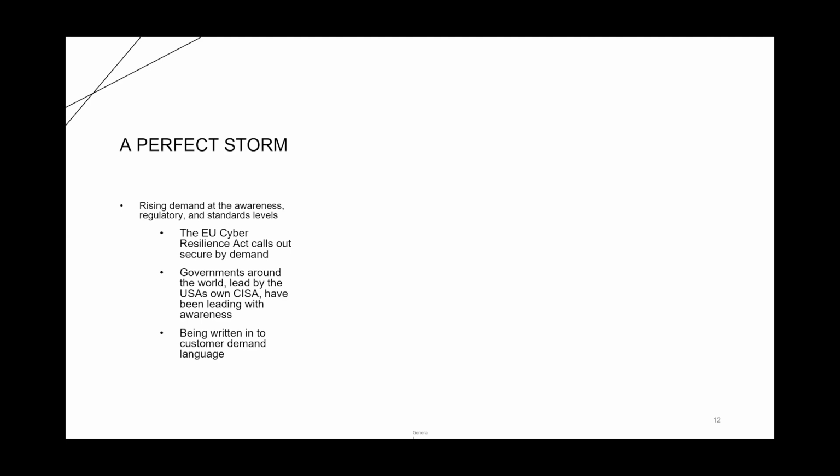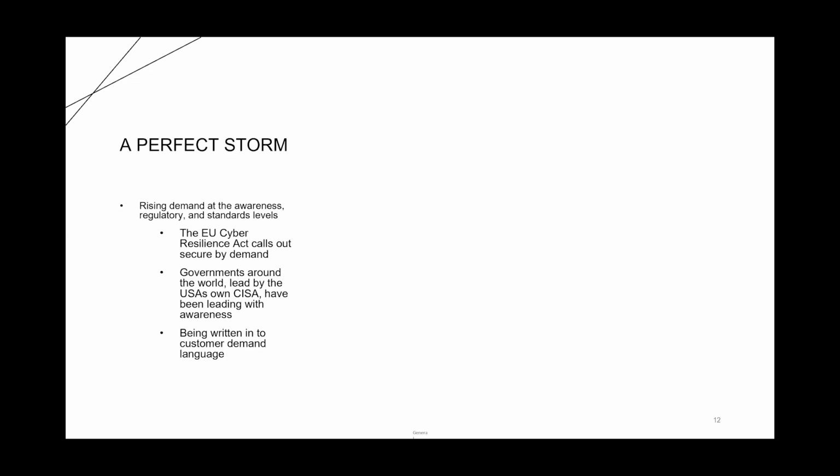The perfect storm. Okay, so 1 to 10 is missing here, but 1 to 10 talks about all the different places where secure by default is coming up. Some of them we all know and love, authors of papers here in this room that have written secure by demand papers, a joint secure by demand accreditation program that's coming out of the OPC Foundation that you may or may not be aware of, guidelines from various government agencies around the world in Europe and Singapore and Australia.